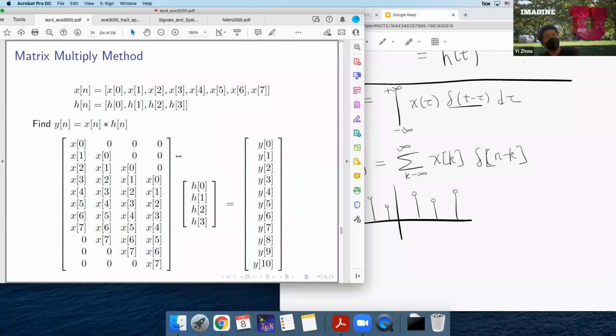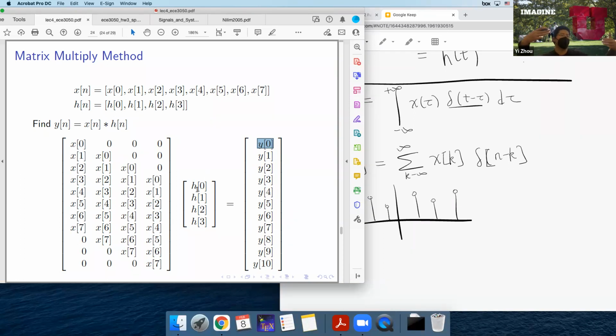Now, once you create this big matrix and fix this H vector, all you need to do is follow the matrix vector multiplication rule, and you will end up with the corresponding outputs of the discrete convolution. And you can actually verify, because Y0, if you look at the first element, is basically the first row times this column, which is X0 times H0.